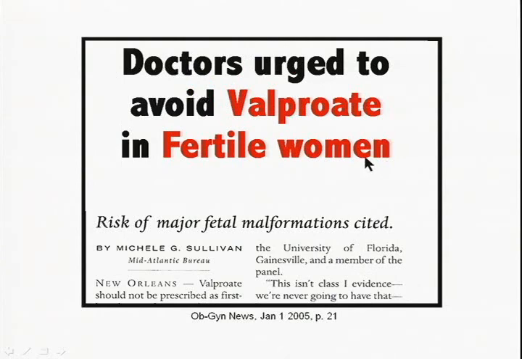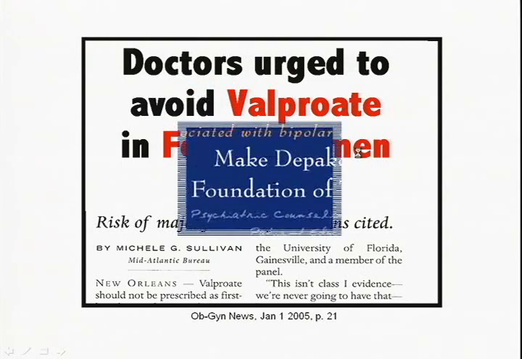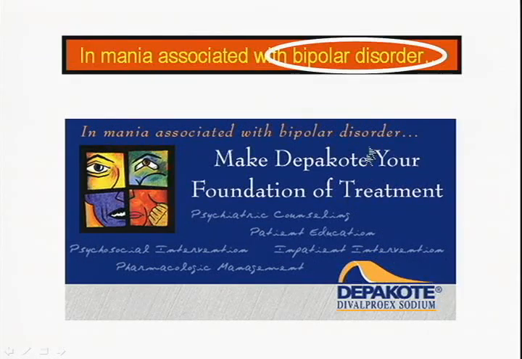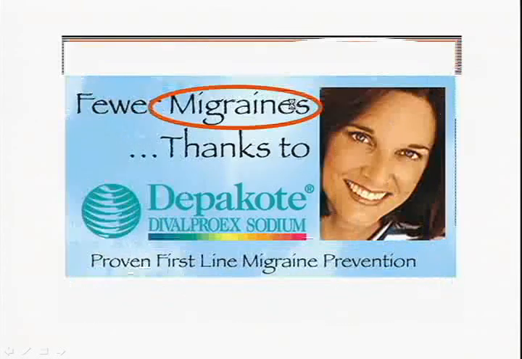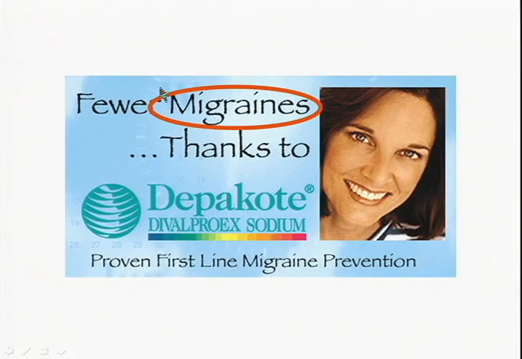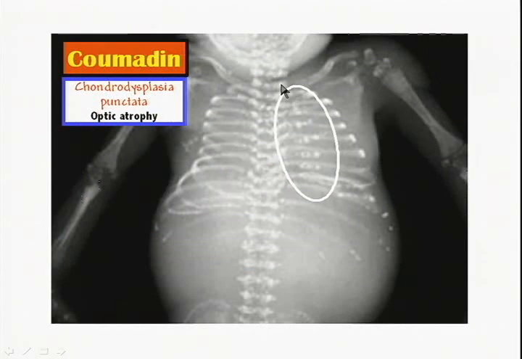And so doctors are urging women not to use valproic acid if they are in the fertile years. This is of concern to me. Depakote, or valproic acid, is used to treat bipolar disorder. It is used to treat migraines. And I wonder how many of these women who are taking this realize the impact potentially if they should become pregnant.